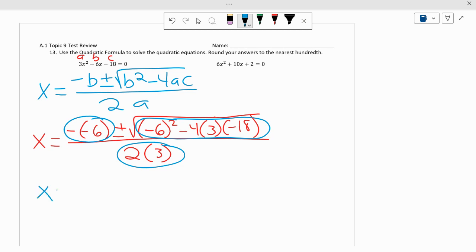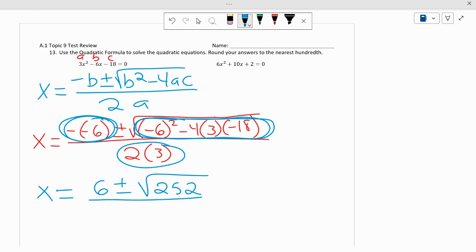X equals negative times negative is a positive, so now I have a positive 6 there. Type this whole thing into your calculator, parentheses and all, and you should get 252 over 2 times 3 is 6.